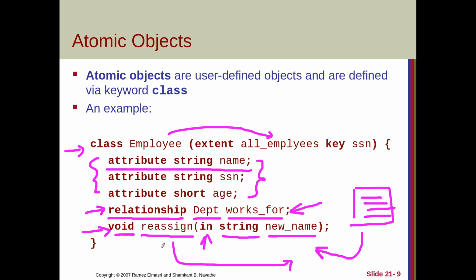So normally all the operations are defined outside the object-oriented database, by using any object-oriented programming language. So again, listen carefully to the syntax of creating a class, the different features like extend, key, then attribute, then these built-in types, then relationship, then the representation of an operation in a class definition.